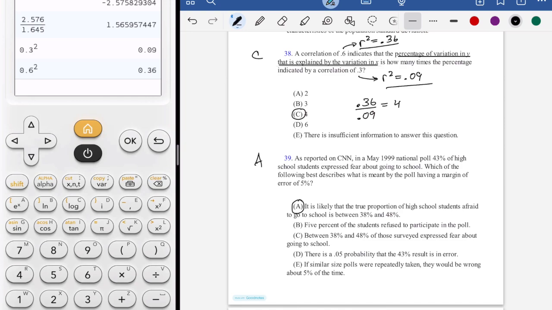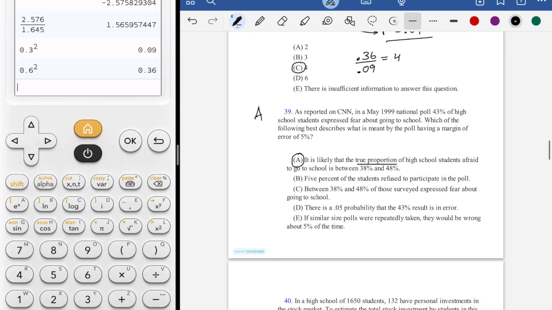Sometimes the obvious answer is the correct one. The poll was talking about the population proportion of high school students that express fear about going to school. When we talk about a confidence interval, we're always investigating the true parameter, in this case a proportion. The rest of them are just red herrings, I guess.